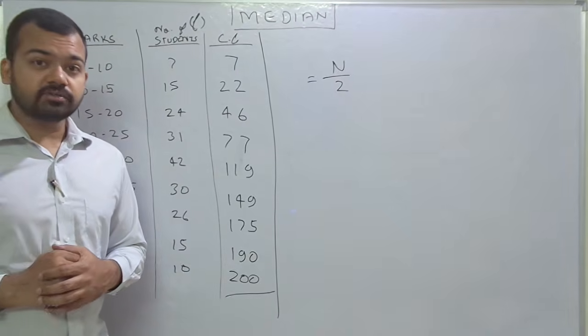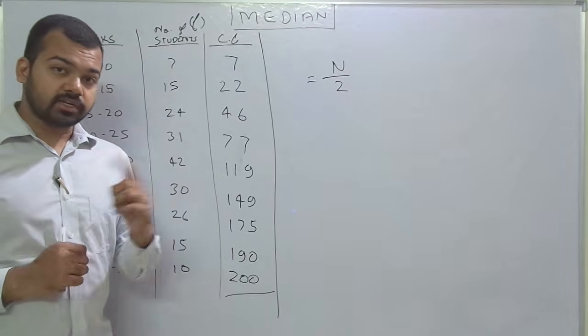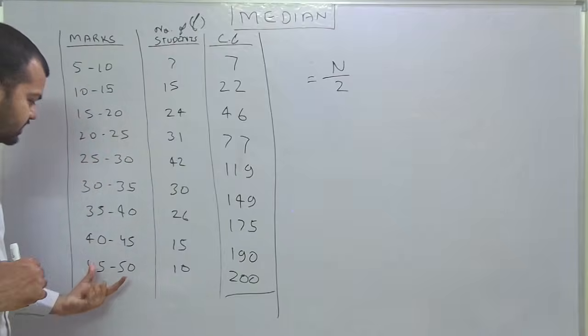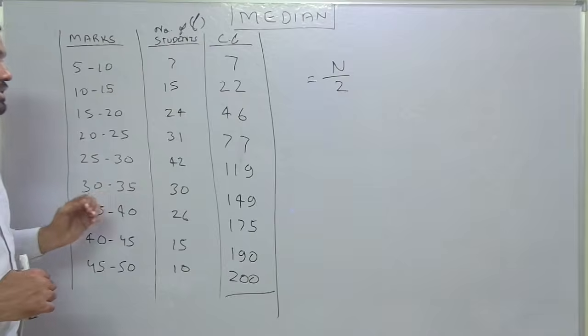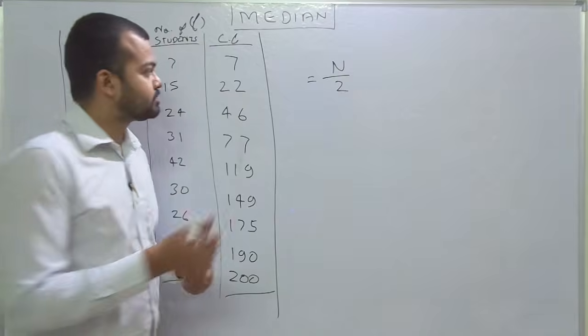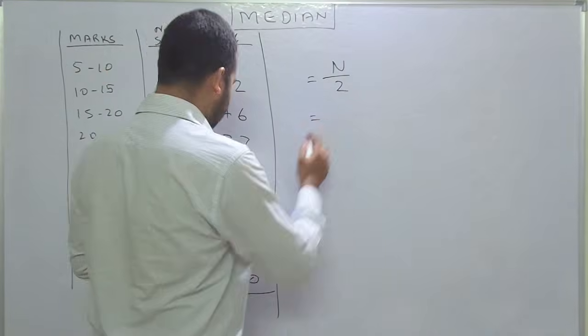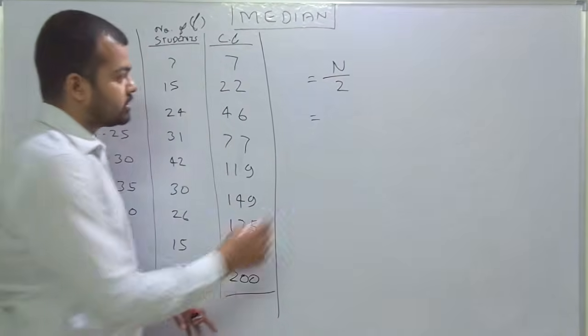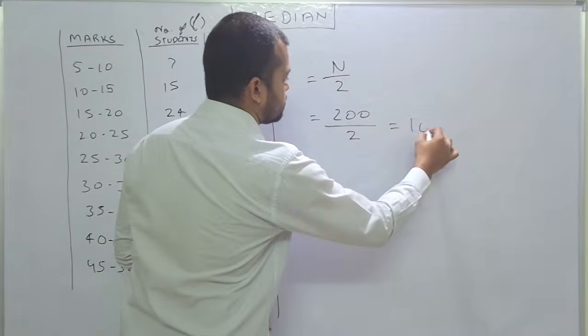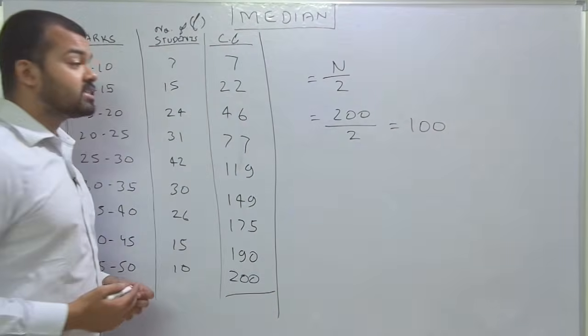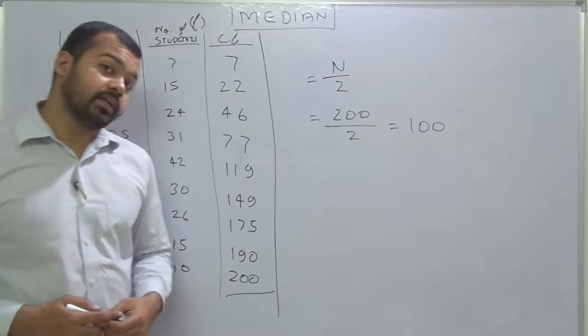In continuous series we are not adding 1, because we are dealing with class intervals and we do not know exactly where our median lies. So here n is the total. 200 divided by 2 is 100. It means the 100th item is in your median class.